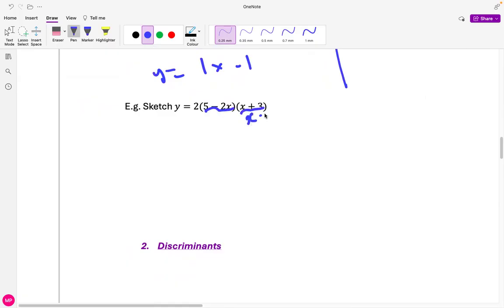So here we have x equal -3, one of the x-intercepts. If we let 5 minus 2x equal 0, we have x equal 5 over 2. So we have two x-intercepts: x equal 5 over 2 and -3.